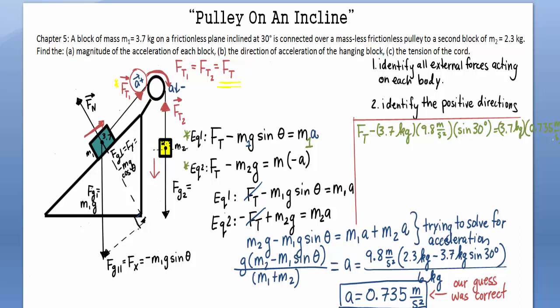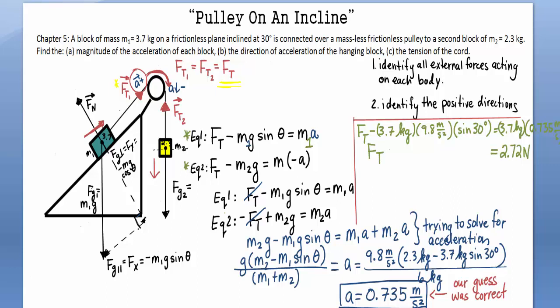Okay. Now let's do away with some of this math. Let me see what this is equal to. We have 3.7 times 0.735. That's equal to 2.72 newtons. And let's see what all this stuff is equal to.